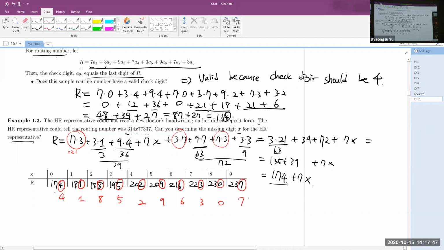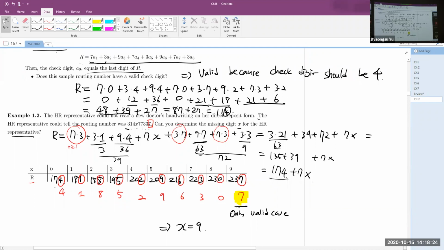So in this code, the last digit of the routing number should be the same as the last digit of this 9-digit number, which is 7. But that case only happens in the last one, right? For all other ones, it doesn't happen. So this is the only valid case. So therefore, x should be 9.